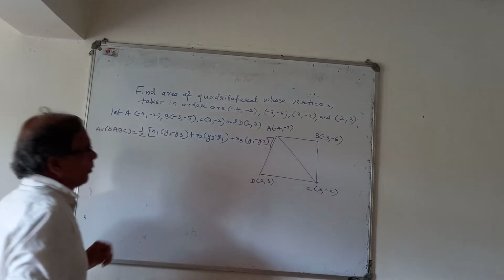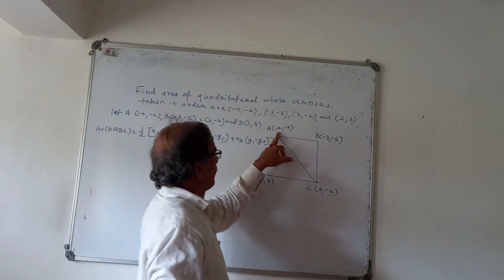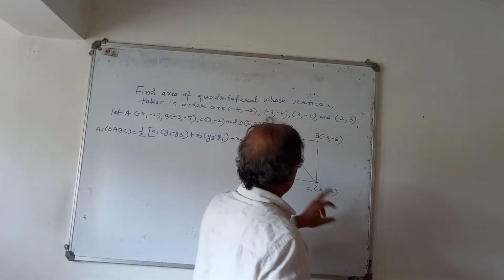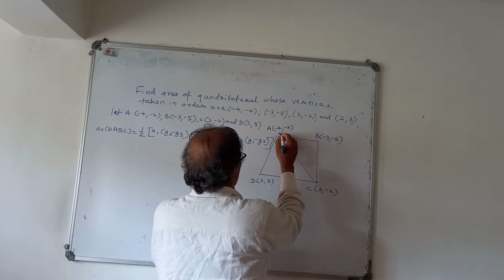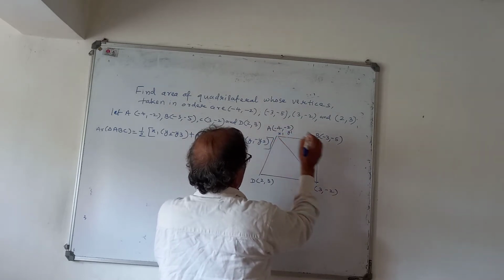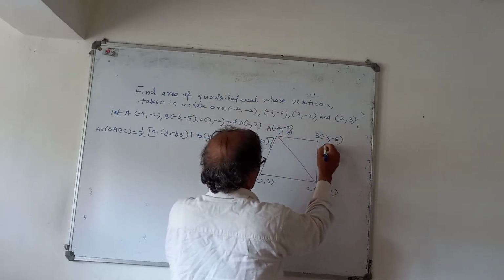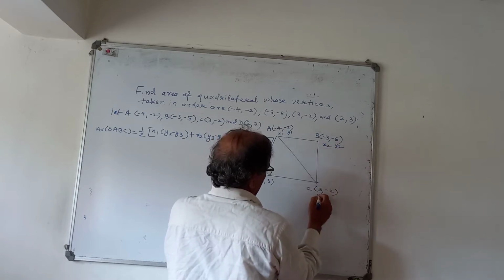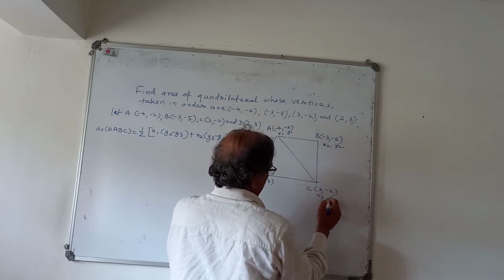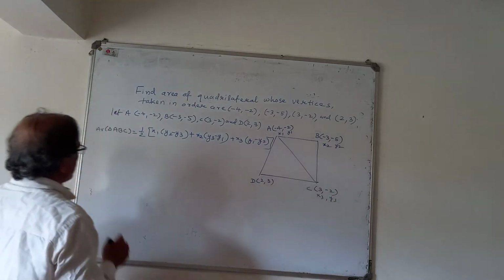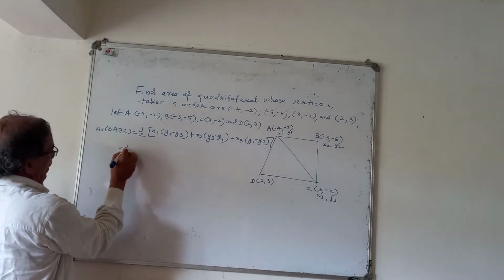This is our formula we have seen. Here this is x1 y1, x2 y2, and this is x3 y3.